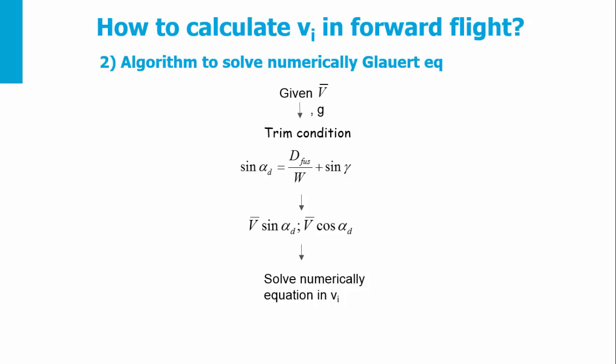We calculate the angle of attack of the disk with the formula sine alpha d equals the drag of the fuselage divided by the weight. The drag of the fuselage can also be easily calculated knowing the weight of the helicopter. Then we calculate V sine alpha d and V cosine alpha d, and we can solve again numerically the equation in Vi.